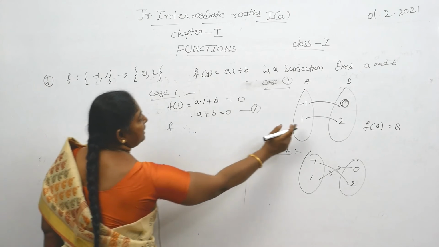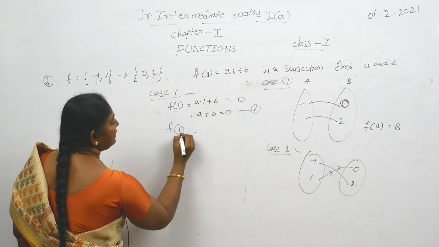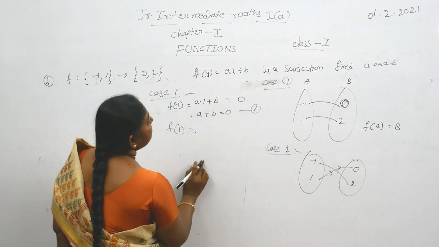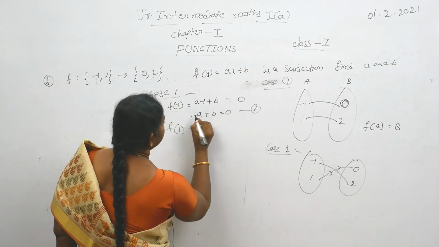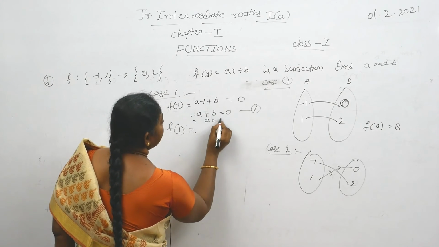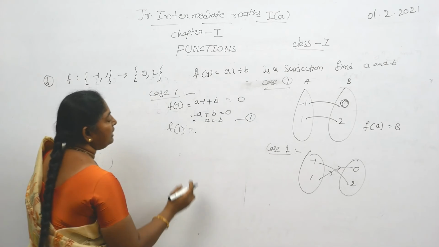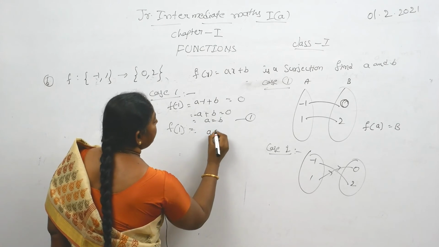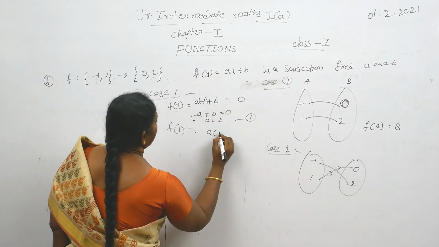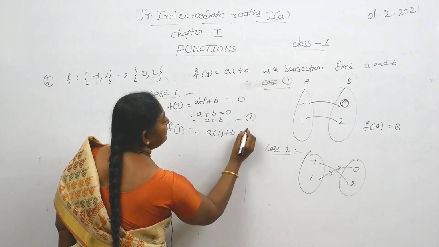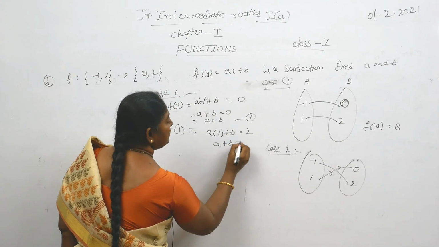And f(1) = 2. f(1) = a into 1 + b = 2. So a + b = 2.